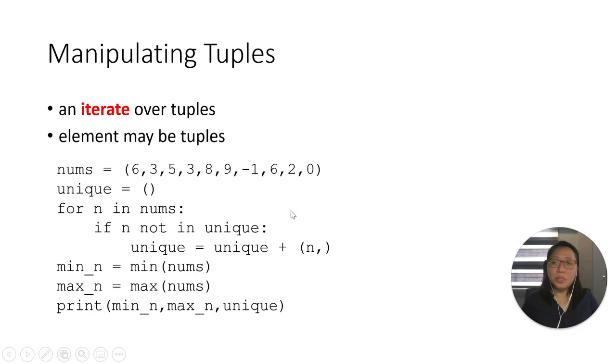Similar with string, we can also iterate over tuples. Actually, in the same manner as we did with string. So here in this example, let's say we have nums bound to this tuple.